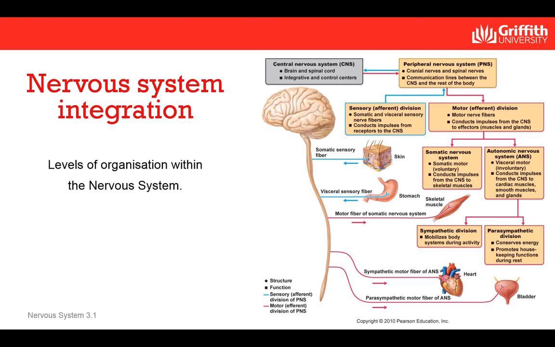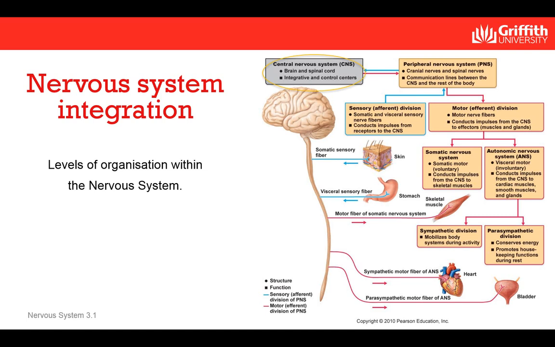Let's take a look at how the nervous system is organized. This diagram provides a great summary of the components of the nervous system and how they interact with each other. Throughout Module 3, we will progressively work our way through each of these subdivisions of the nervous system.